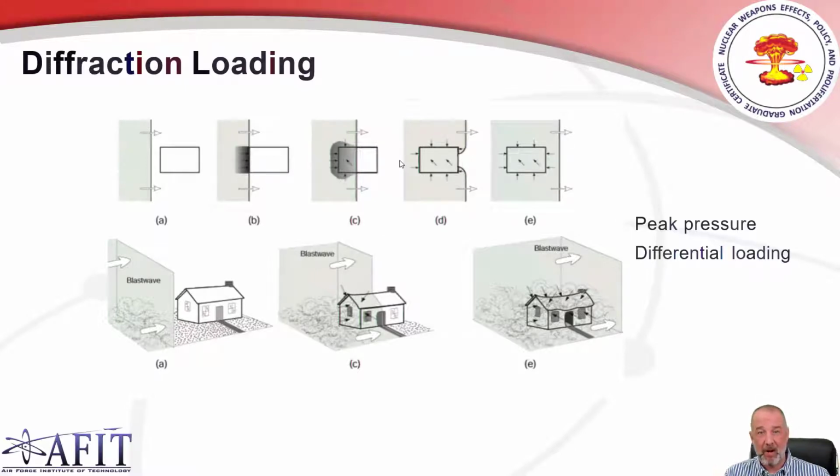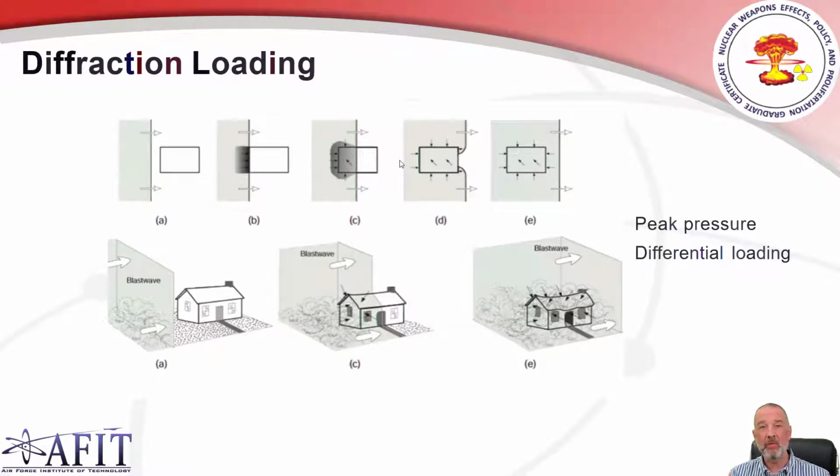Now this is a problem because we have extremely high pressure of the blast wave, and we have ambient pressures in the house and behind the house. And we know that high pressure wants to equalize with low pressure. So by trying to do this, that blast wave is exerting a force inward on that lower pressure region. In effect, what it's doing is it's squeezing the structure, the house in this case.